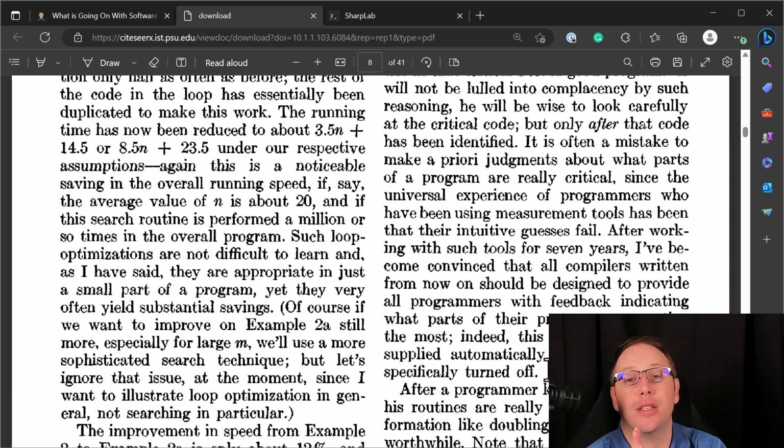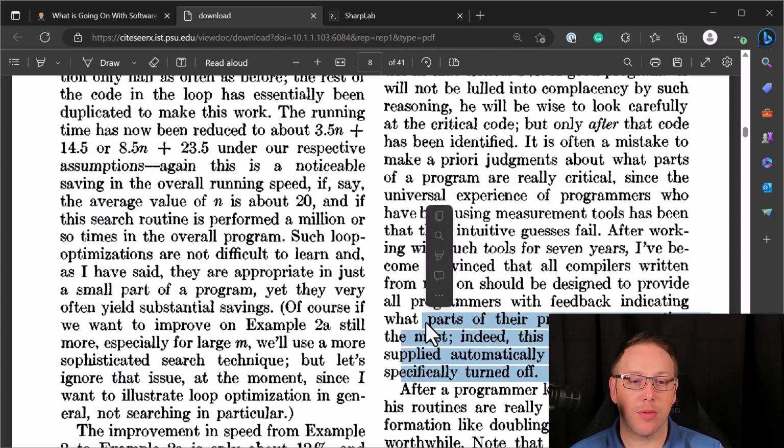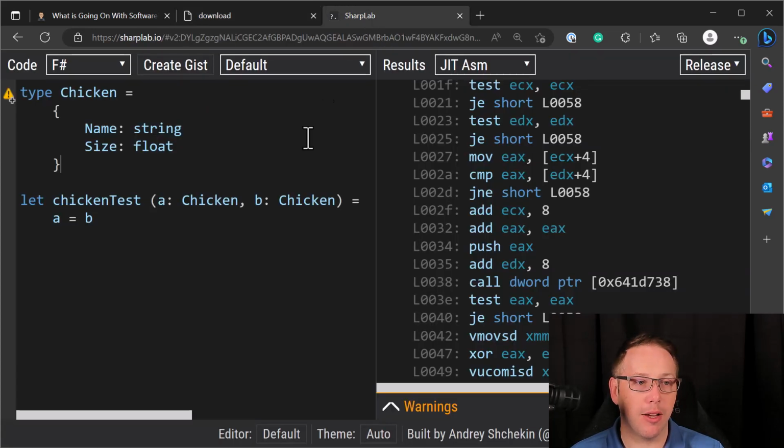And I love this idea, and I want this so badly for my own code, to show me how complicated my code is for the CPU. And now I want to show you an example of why all this abstraction is leading to very slow code, and why I think this idea of having feedback from the compiler would be incredibly valuable.